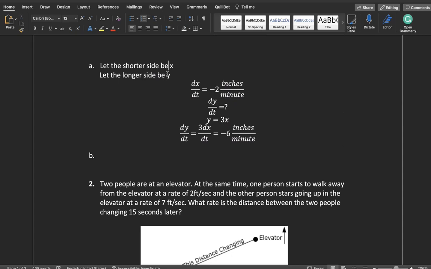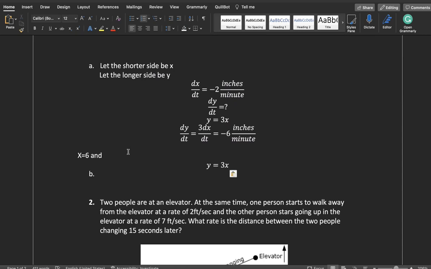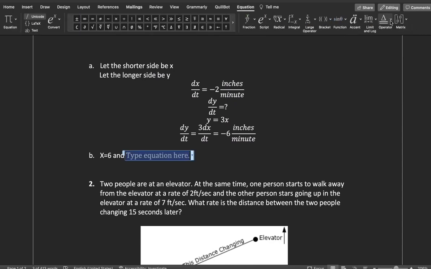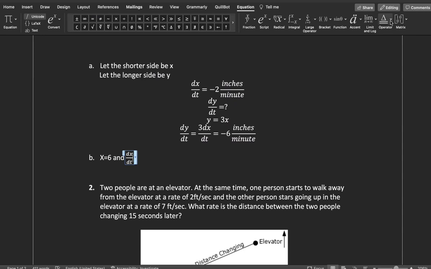We're also given that x is equal to 6, and that dx dt, which can be written as x prime, is equal to minus 2 inches per minute.